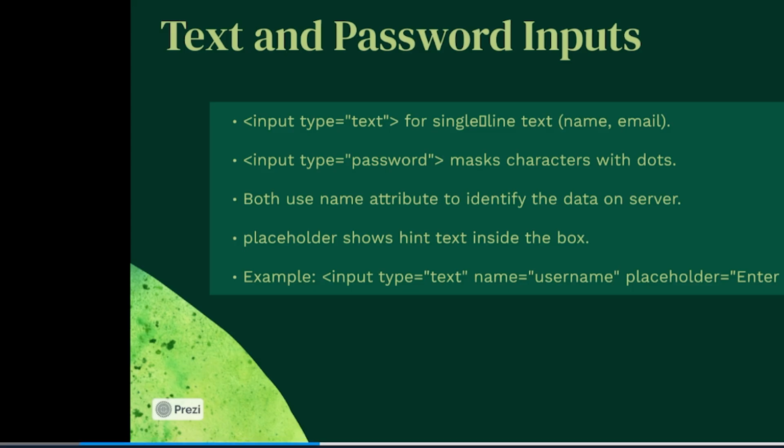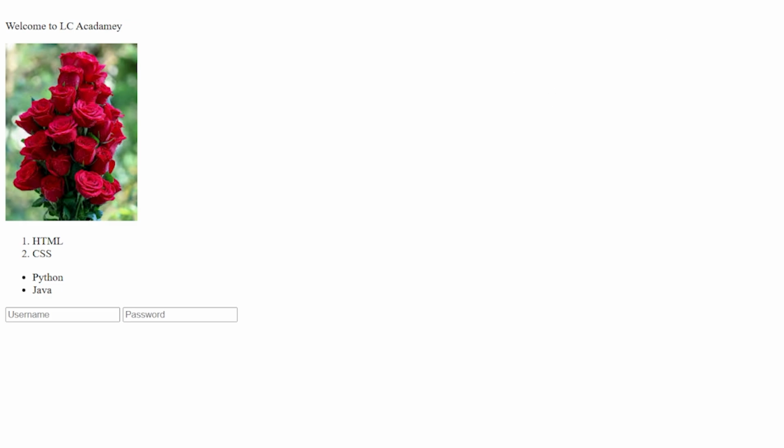Now we can see the output in our browser. Now see, the username and password inputs are created. If I type in the username box, whatever I type will be shown, because the input type in the code is text.